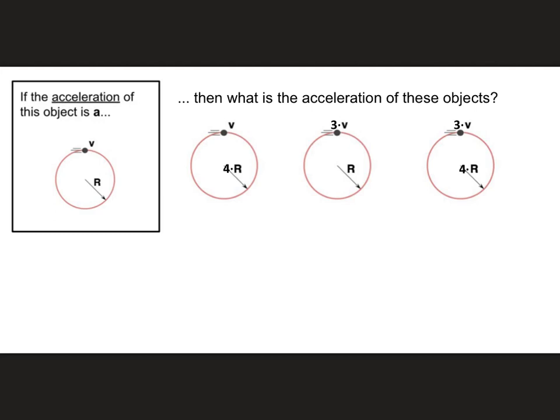So the formula that I want to write down is acceleration equals v squared over R. In this case, the v doesn't change, it's still just v, but R changes to 4 times R. And so my new acceleration is going to be 1 over 4, again because the R is in the bottom, 1 over 4 times my original acceleration.